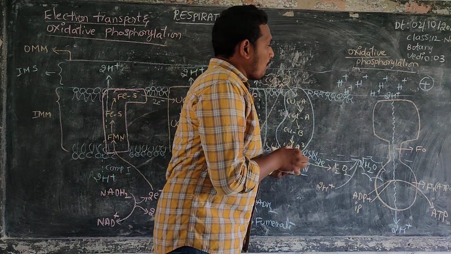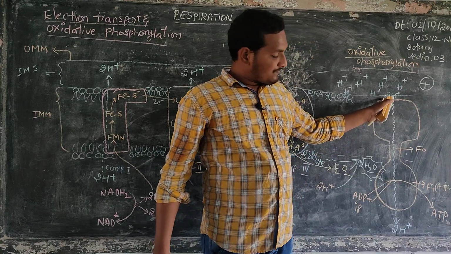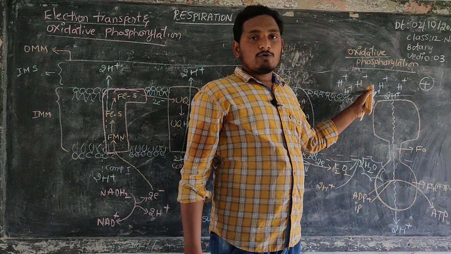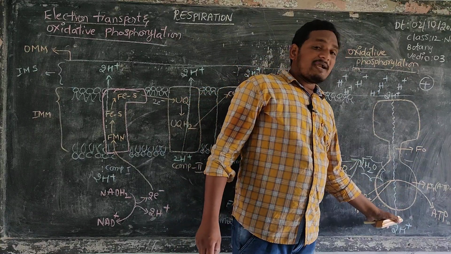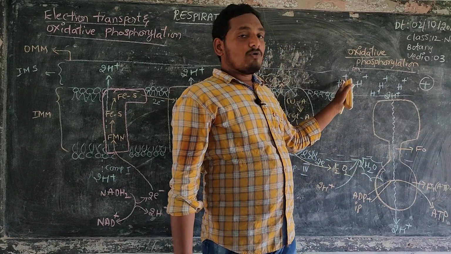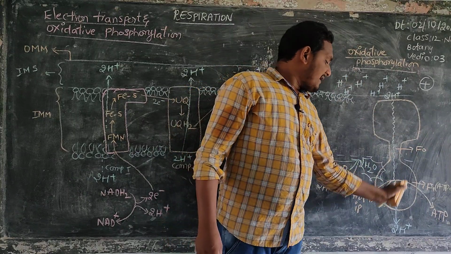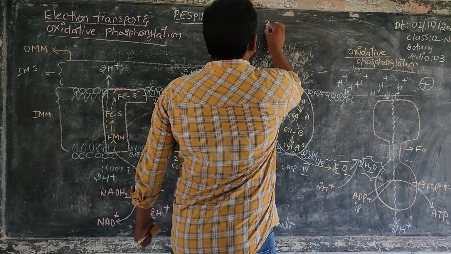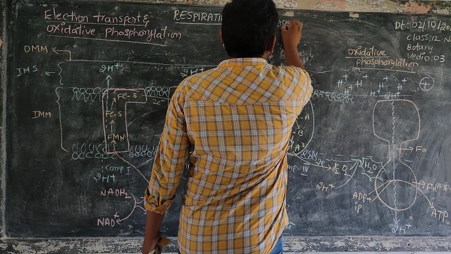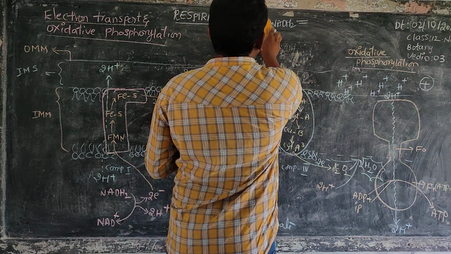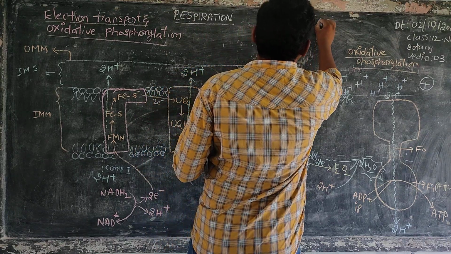One pair of protons comes back to make one ATP, and one more comes back to the matrix to make a second ATP. One more comes back to make another ATP. It means 3 NADH2 equals, 1 NADH2 makes 1 ATP.